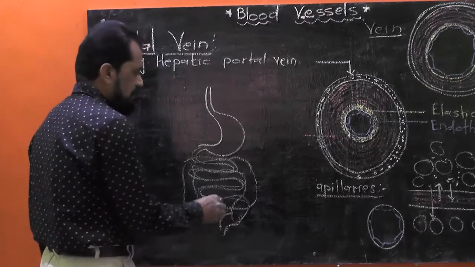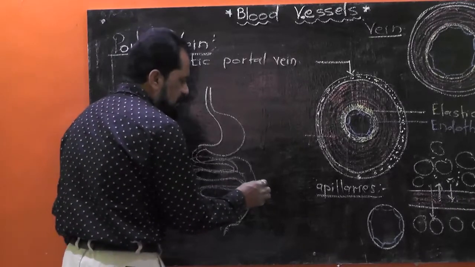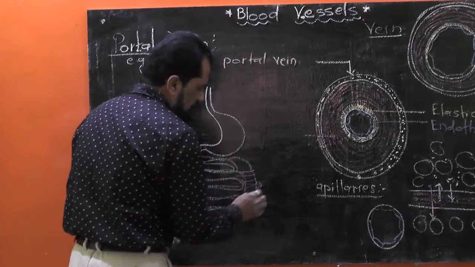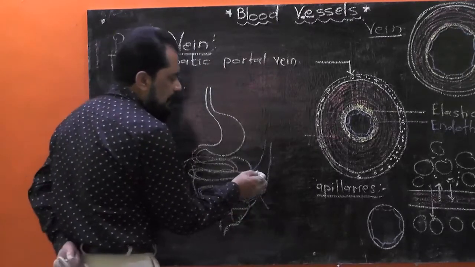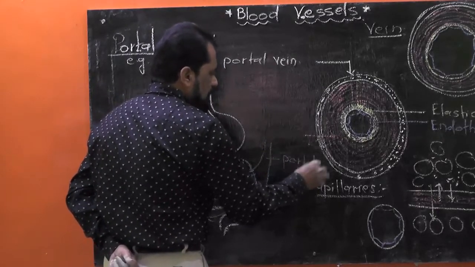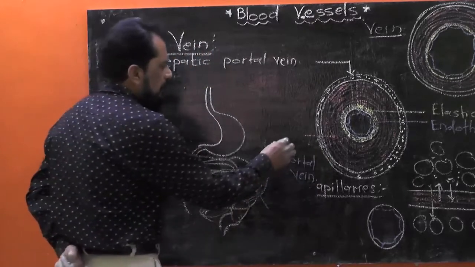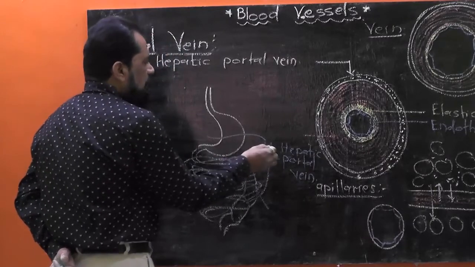The nutrients, digested food material that diffuses into the blood capillaries, these blood capillaries unite to form the portal vein called as the hepatic portal vein. And this hepatic portal vein runs up to the liver.